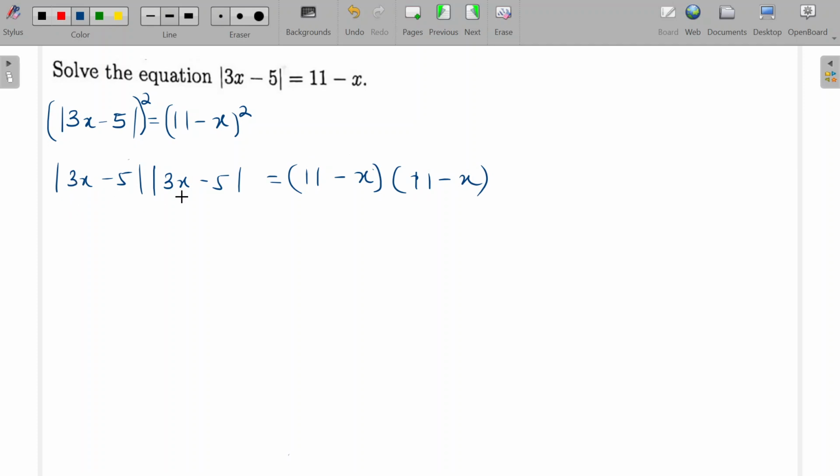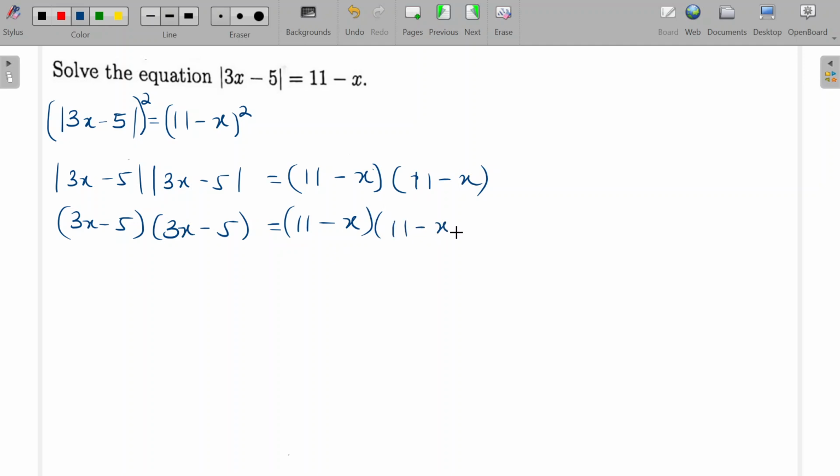The modulus will break when you multiply them. You're going to have 3x minus 5 multiplying with 3x minus 5 is equal to 11 minus x.